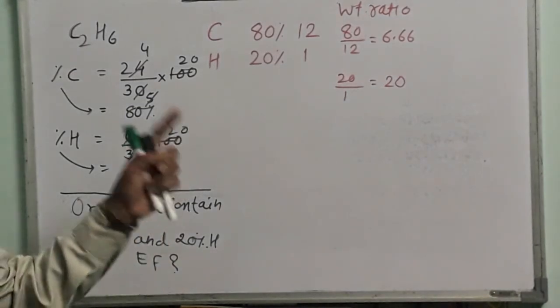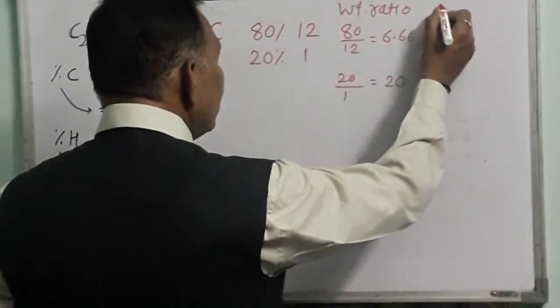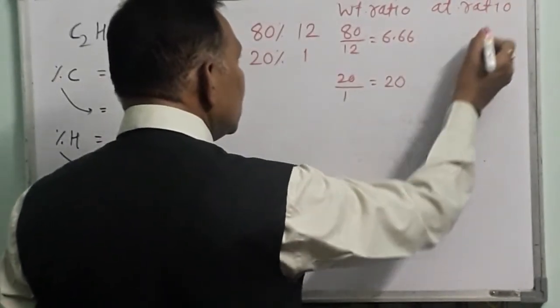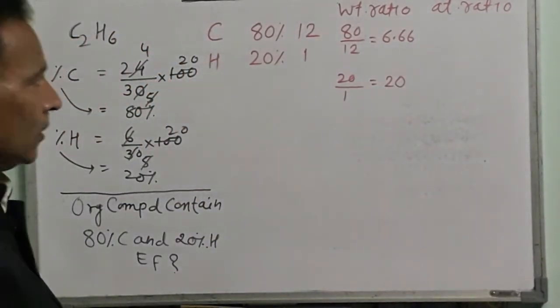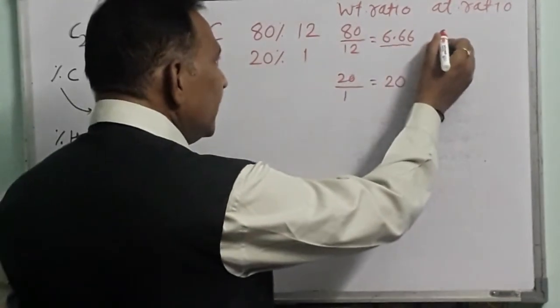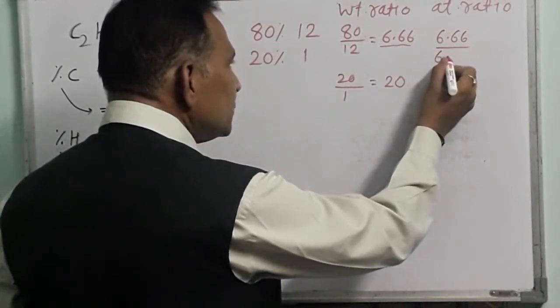So the atomic ratio is calculated, and the last step is to find the atomic ratio. Now we have to divide all the ratios by the smallest ratio. So this is the smallest ratio, and therefore we'll divide 6.66 by the smallest ratio 6.66.